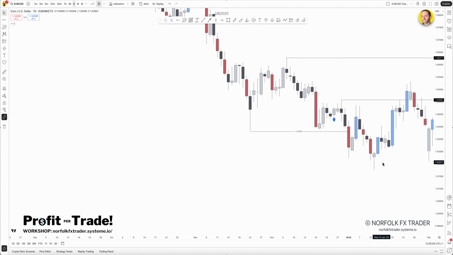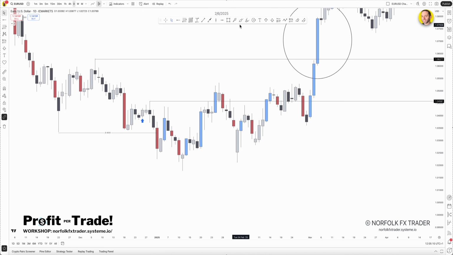Now, if we just go back out again, you'll see if you're looking at this as an area of potential supply, let's say, and you drag this across, when price does come to your zone, it's going to run straight through and it's another losing trade. But if you're using this as your area, this would be your area of potential supply.